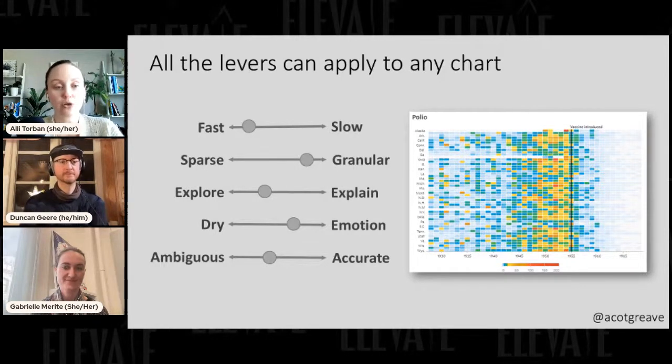So do you want someone to understand the chart fast or slow? Is the data sparse or granular? Do you want someone to explore or explain your graphic or your main story? Should it be dry or should it have emotion tied to it? Should it be ambiguous or accurate?